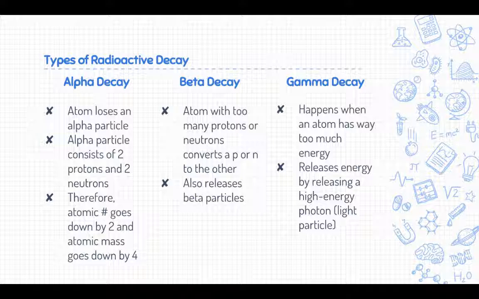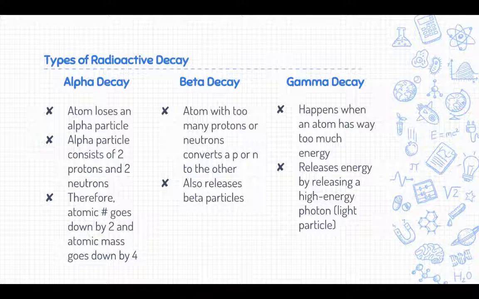Beta decay is when an atom that has too many protons or neutrons converts a proton or neutron into the other. So say it's got too many protons, one of those protons will turn into a neutron, but when it does that, it gets rid of some particles off to the side, which we're not going to go into because it gets very complicated.